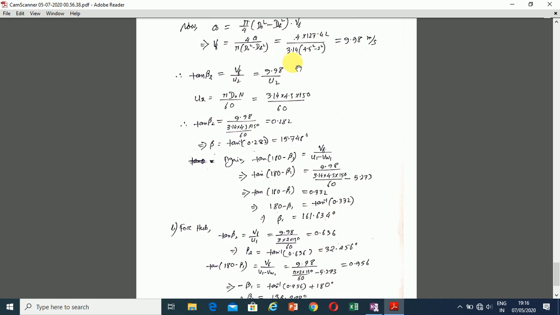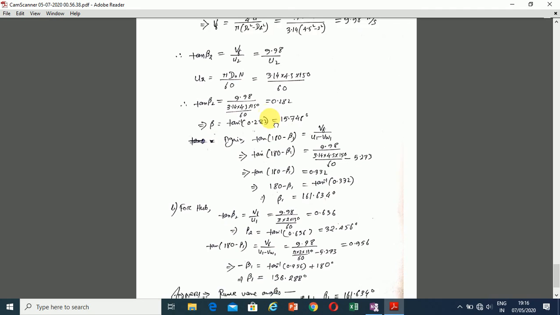Now this formula is found from the velocity diagram. Tan beta 2 is equal to Vf by U2, that is 9.98 by U2, and also U2 is pi D naught n by 60. Here D naught is 4.5, that is the outer diameter, since we are talking about the outer periphery.